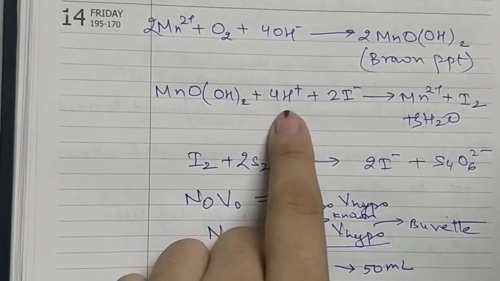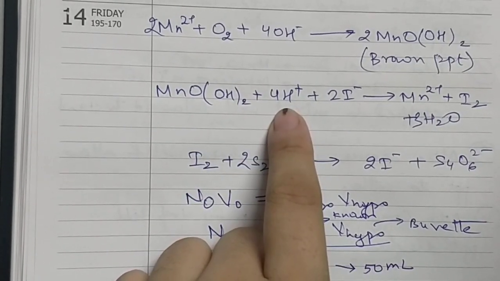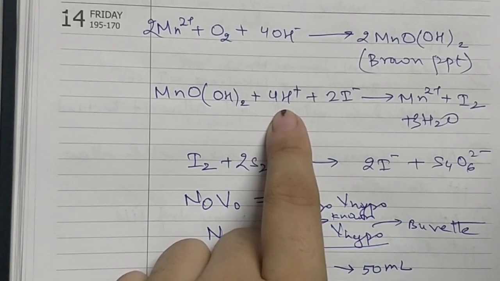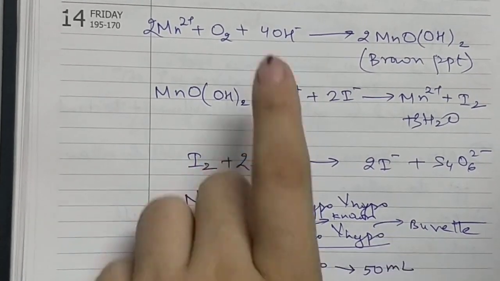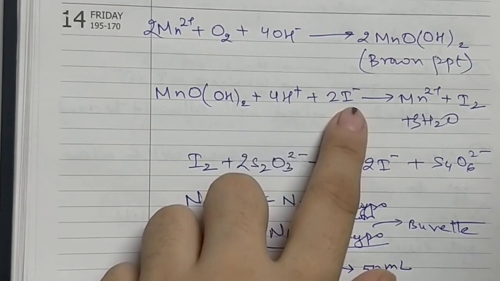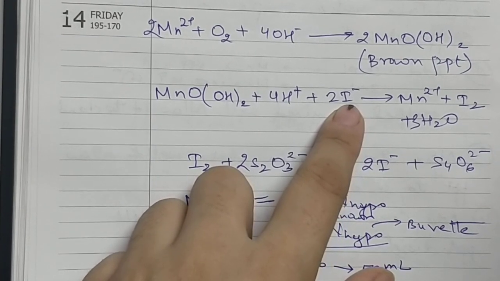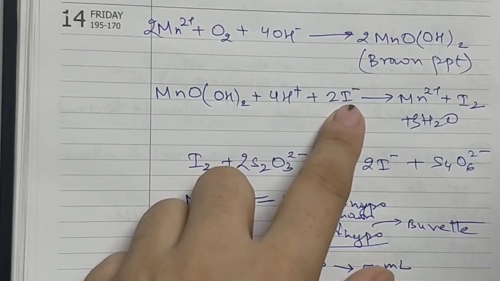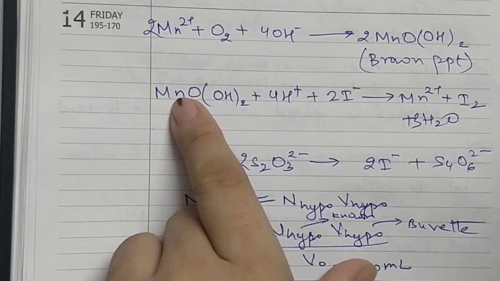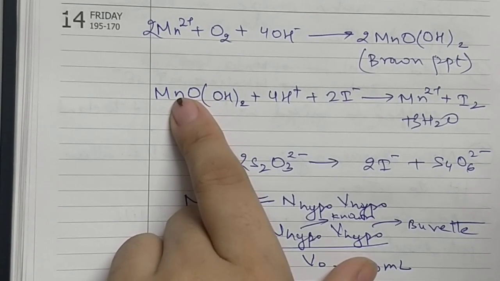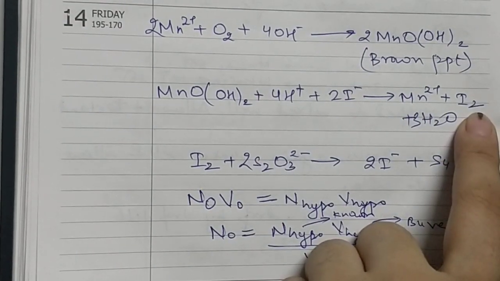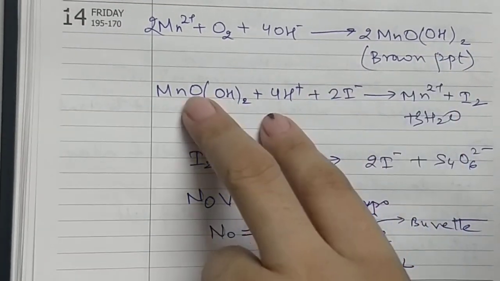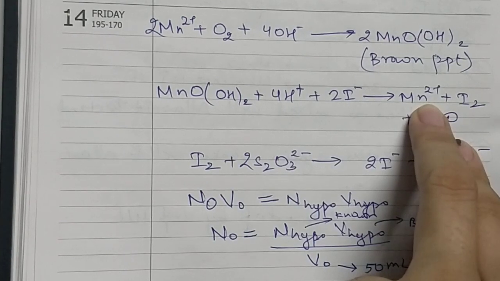Now KI is also there in the solution, and you have added conc H2SO4. So the media is becoming acidic instead of alkaline. The iodide present in the solution will react with this brown precipitate and will be oxidized to I2. This I2 will be liberated, and the brown precipitate disappears as Mn2+ ions are formed.